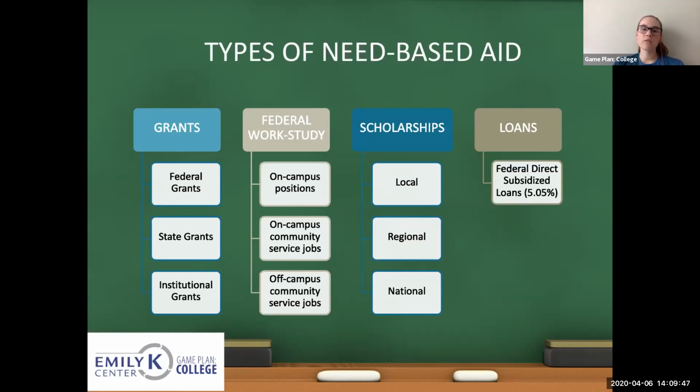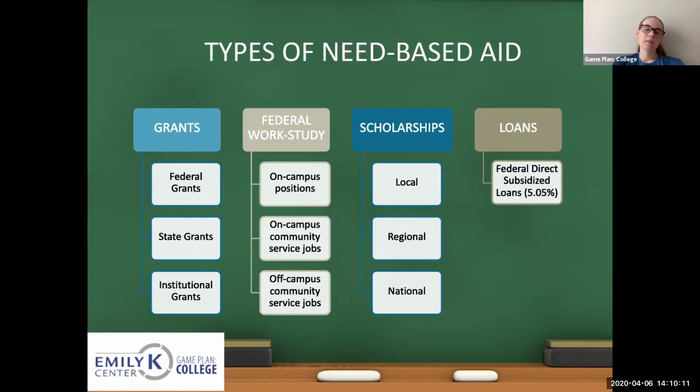There's also federal work study. Essentially, this is financial aid that you get by working. On your award letter, a college may say you will earn $3,000 this year in work study. You can do that through a position on campus. So you could work in the school bookstore or the dining hall.